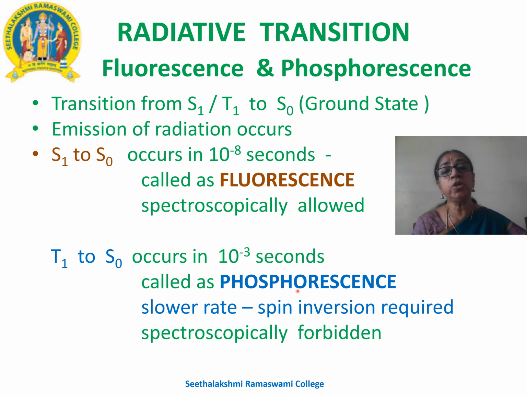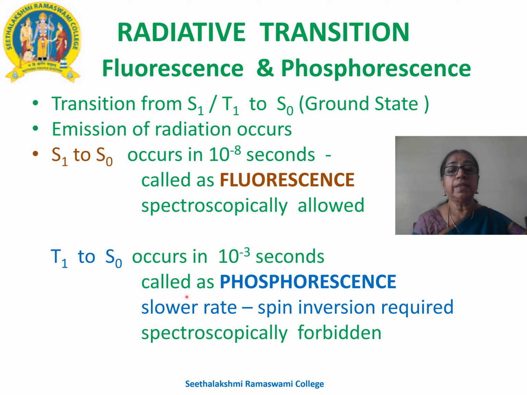Another important point to be noted about fluorescence is that this process is accompanied by emission of radiation, and it ceases as soon as the light source is cut off.